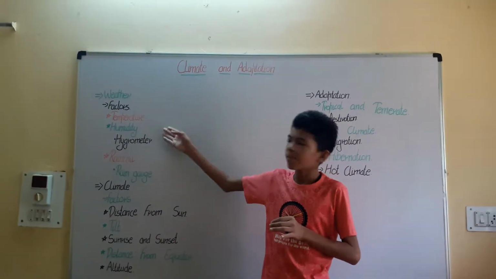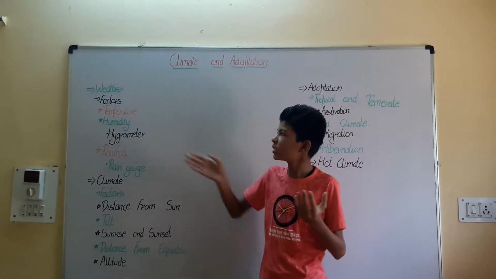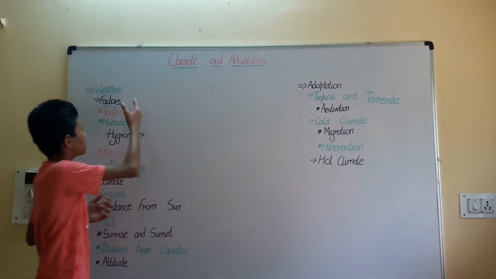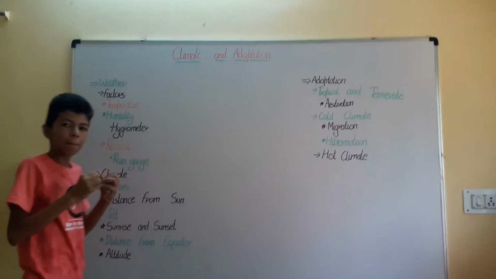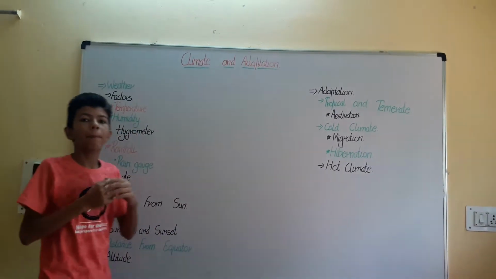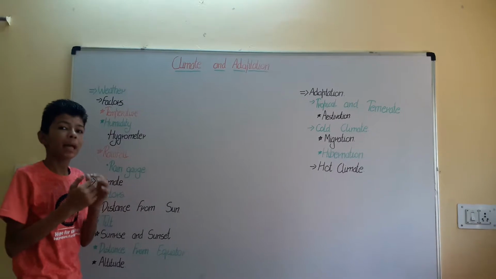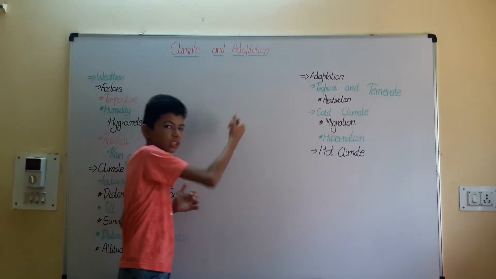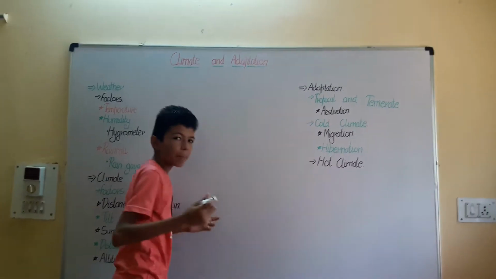But these are called scales. The type of thermometer which measures the temperature of the weather is called a maximum-minimum thermometer. This records both the maximum temperature and the minimum temperature.